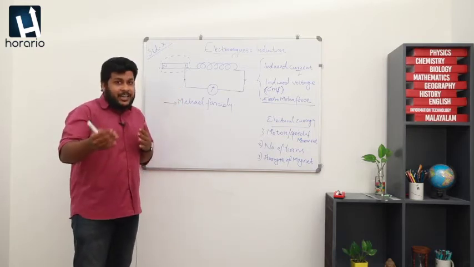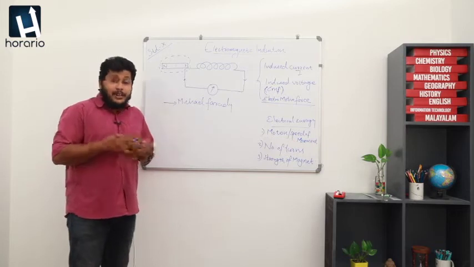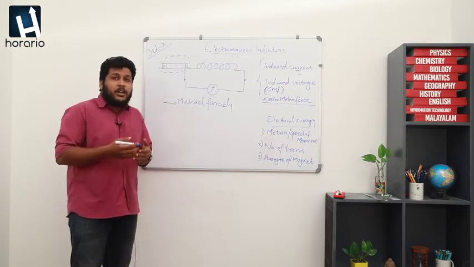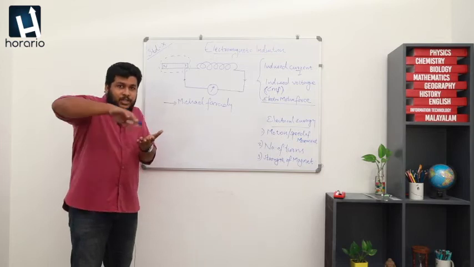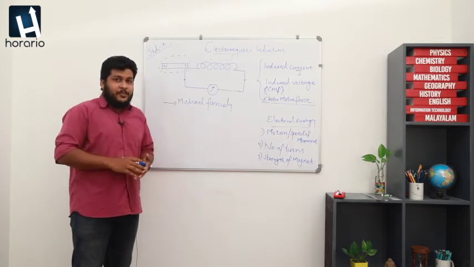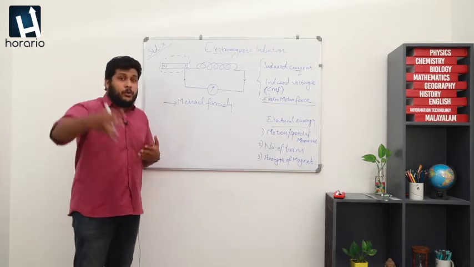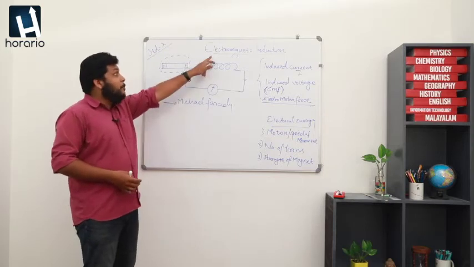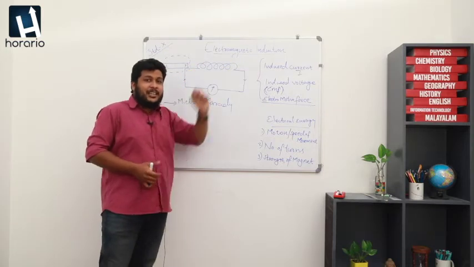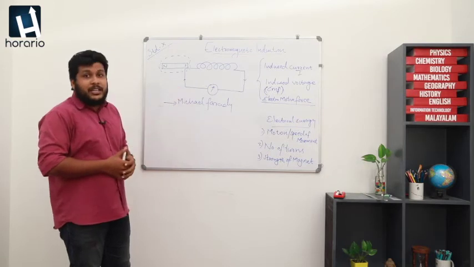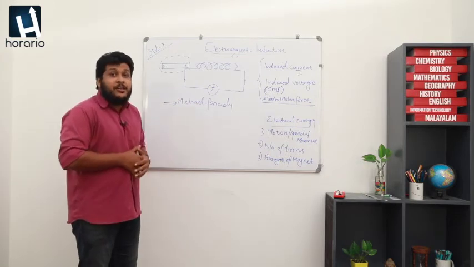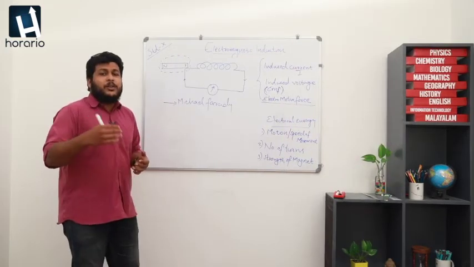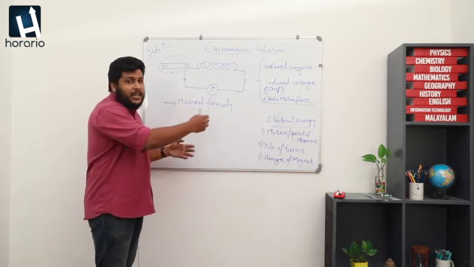You all studied this in the second chapter. Then he wondered how we can use this motion to produce electrical energy. He experimented more and more, and at last, with the help of electromagnetic induction, he developed the new theory, so he is known as the father of electricity.